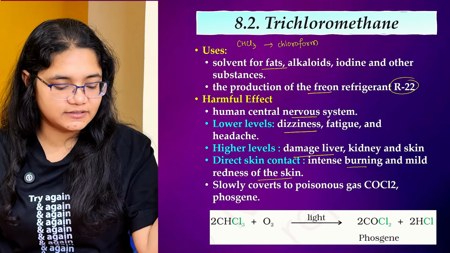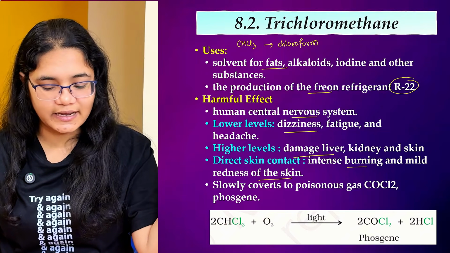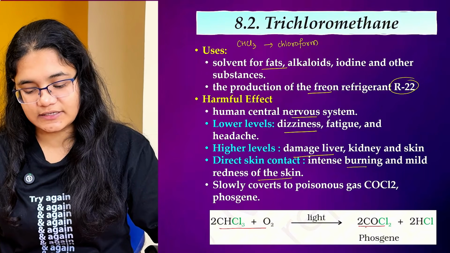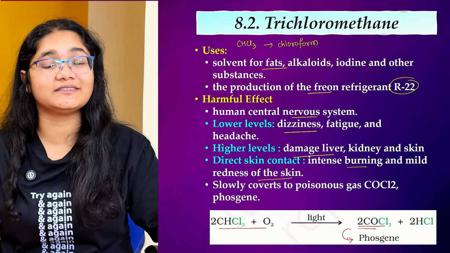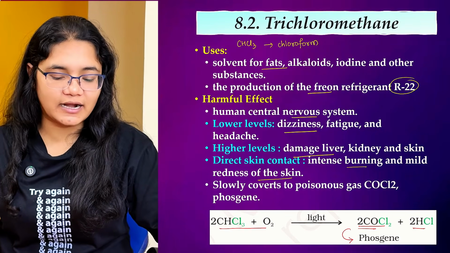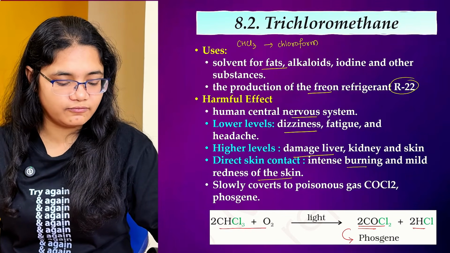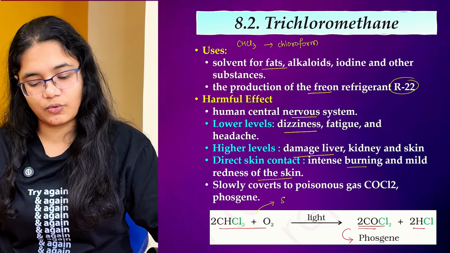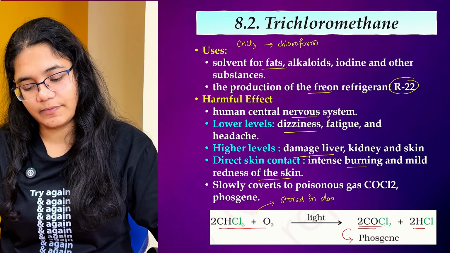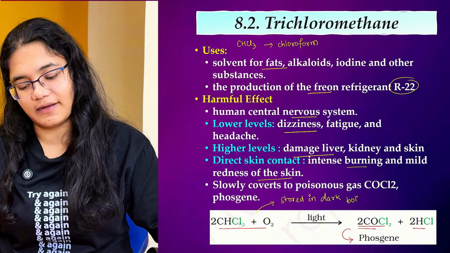And when this chloroform is left open, it gets oxidized and produces COCl2, which is a very poisonous gas, and we call it phosgene, and HCl. That is why chloroform is always stored in dark bottles, where there is no light, so this reaction can be prevented.